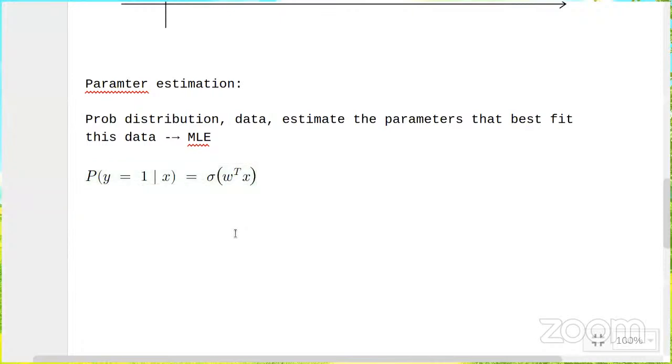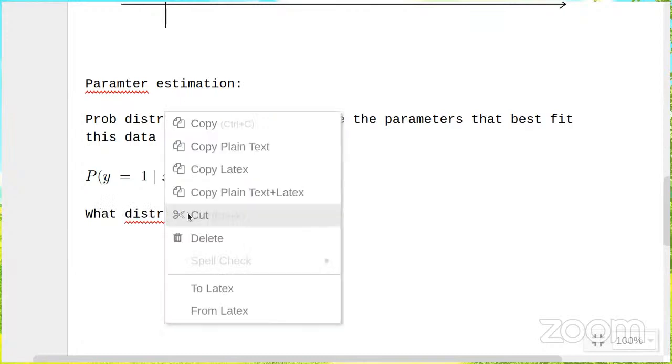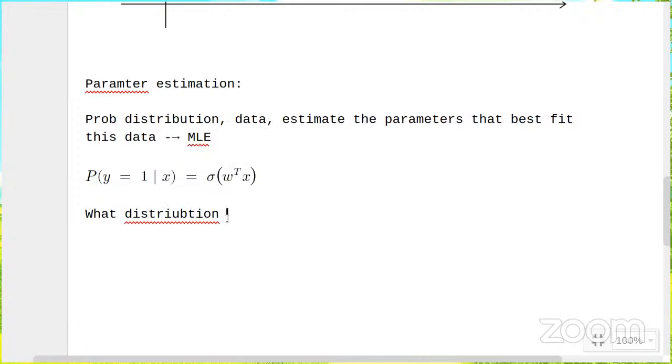So can someone tell me what distribution P is? What is the distribution corresponding to P? Bernoulli? Correct, that is right. What distribution is P? It is a Bernoulli distribution.